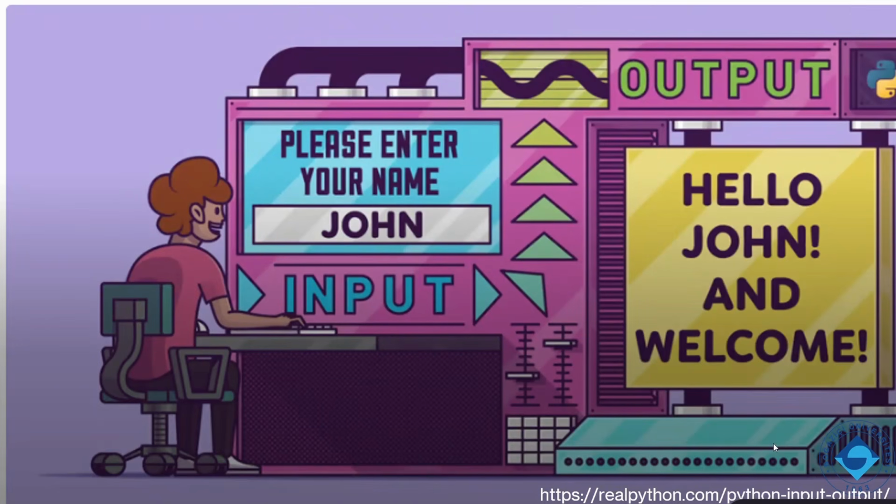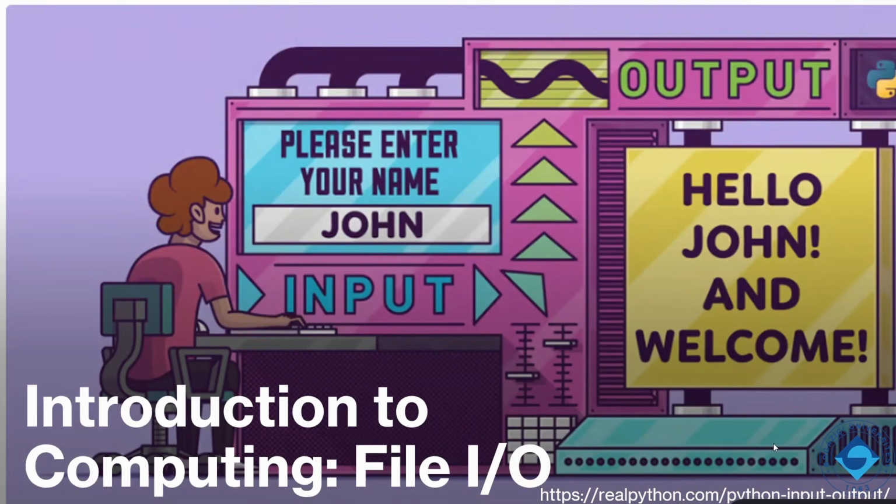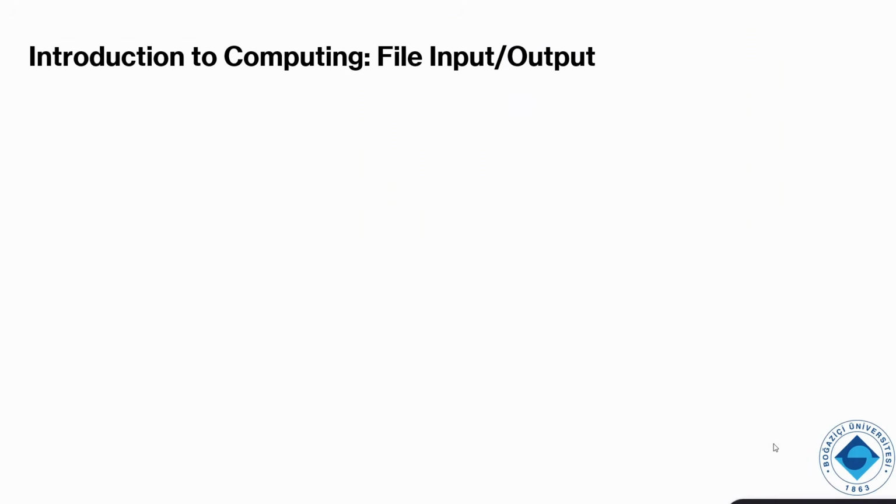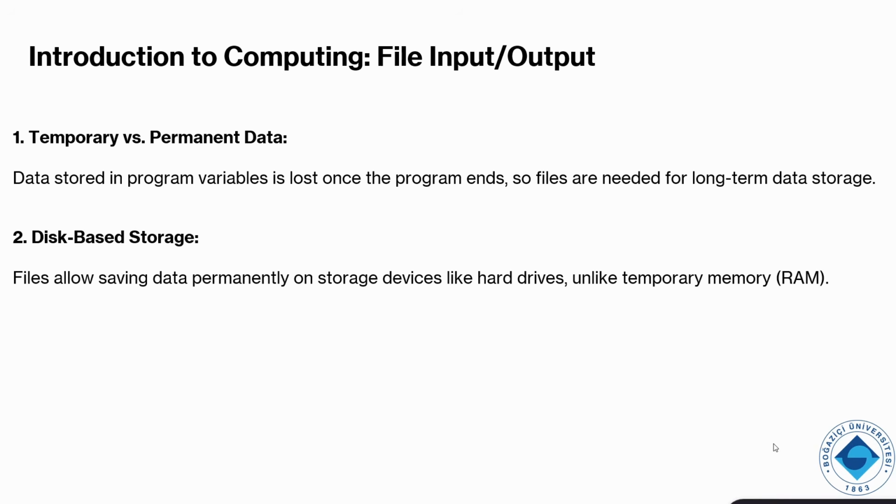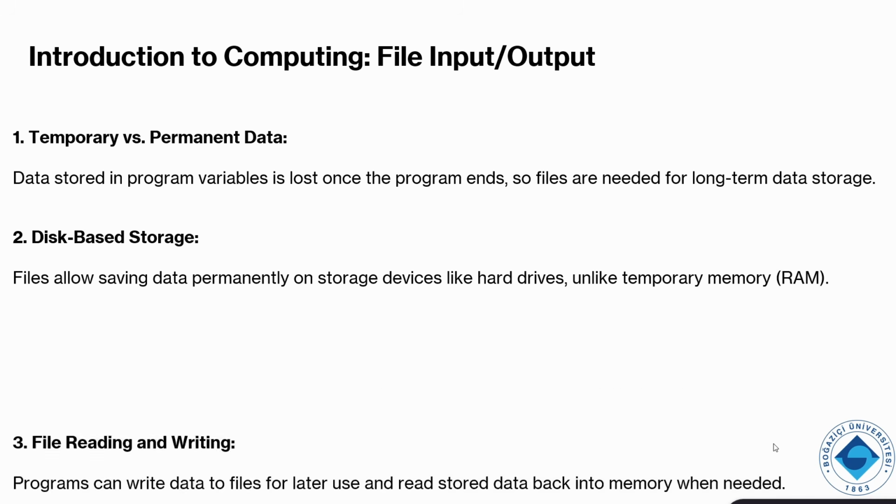Okay, now we can continue with input output commands here. Data stored in program variables is lost once the program ends, so files are needed for long-term data storage. Files allow saving data permanently on storage devices like hard drives, unlike temporary memory.